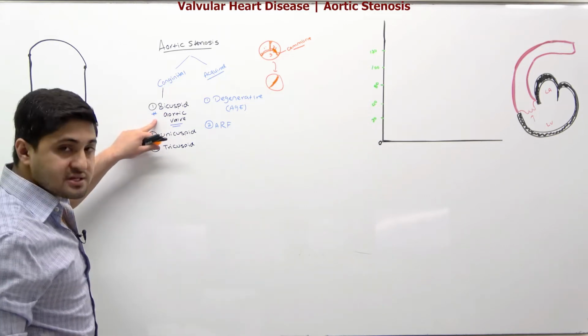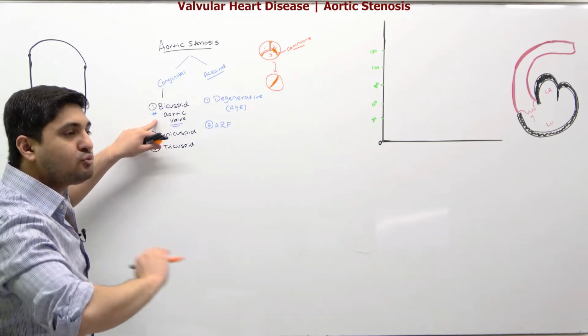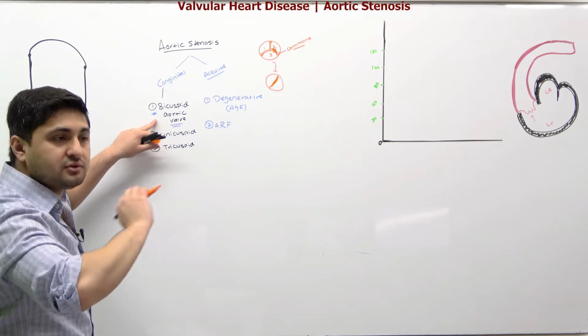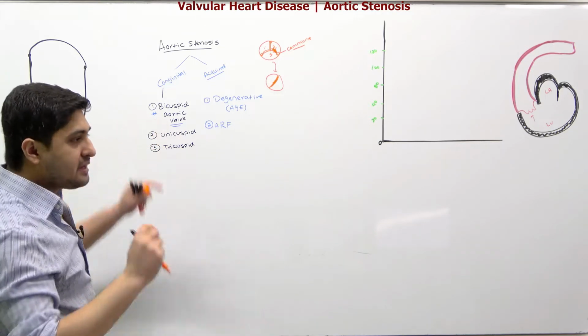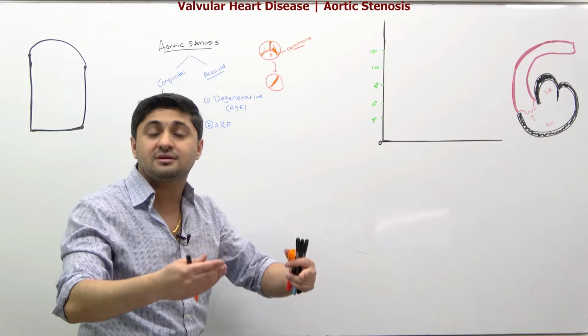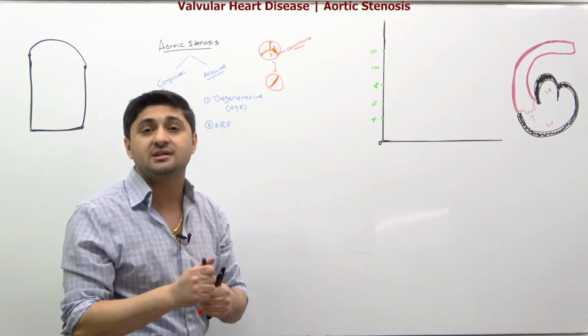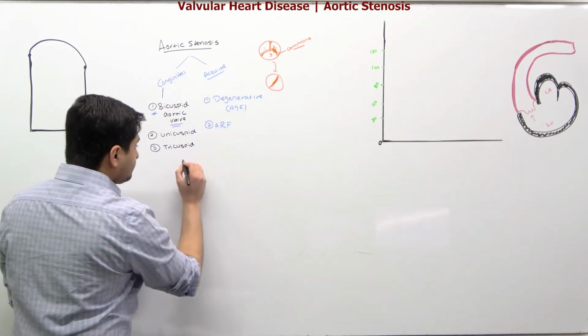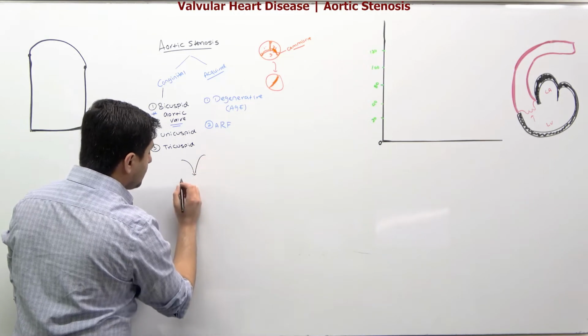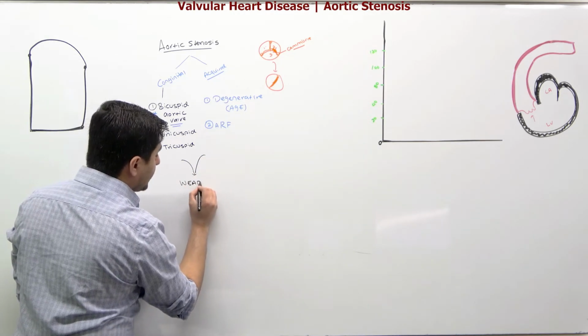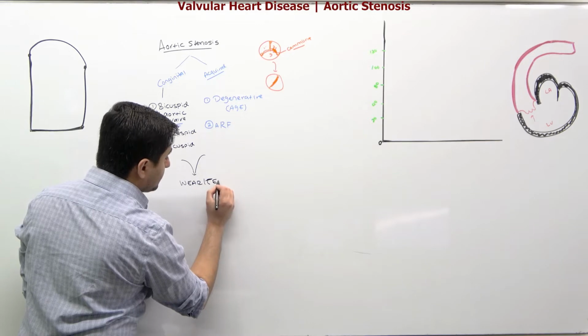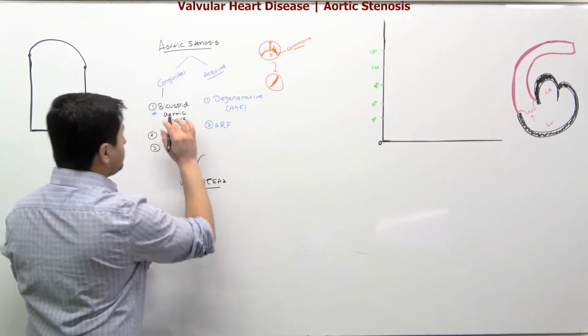And usually when this happens, every time the valve opens and closes, over a period of time that causes something called wear and tear lesions. So let's write it down here: both conditions lead to wear and tear lesions.